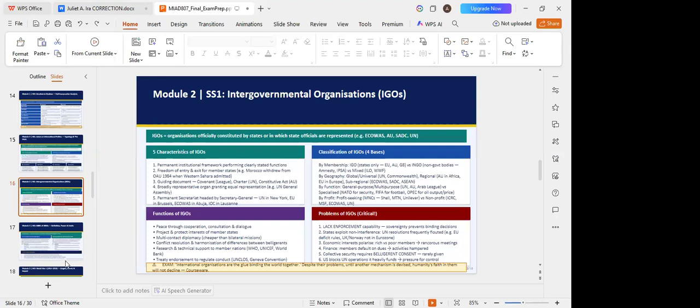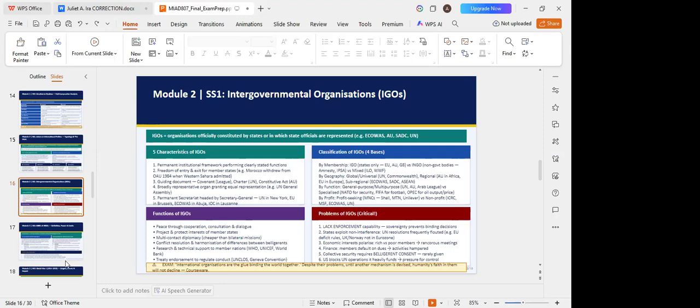So intergovernmental organizations help states deal with issues that no country can handle alone. What no country can handle alone, the intergovernmental organization can help you handle.